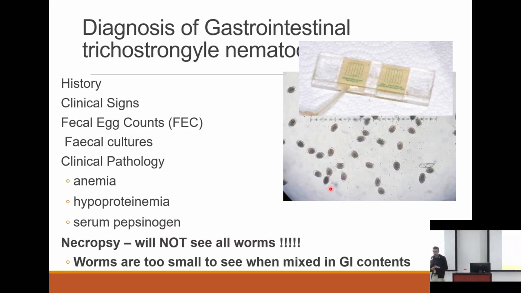You will not be able to see all of these worms because some of them are very tiny to see by eye, but some you can see very easily. If you open the abomasum, you can easily see these worms, because they're a little bit bigger in size compared to the smaller ones. It depends on which particular Trichostrongyle parasite is there.